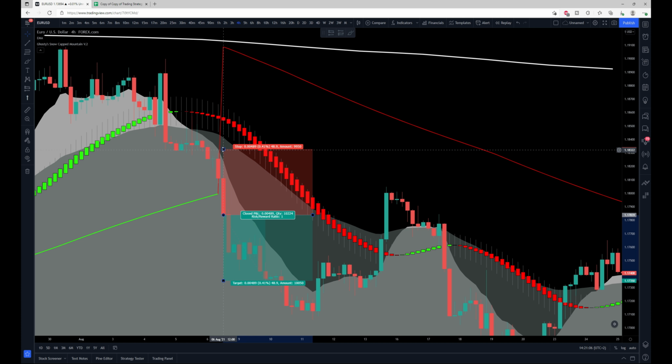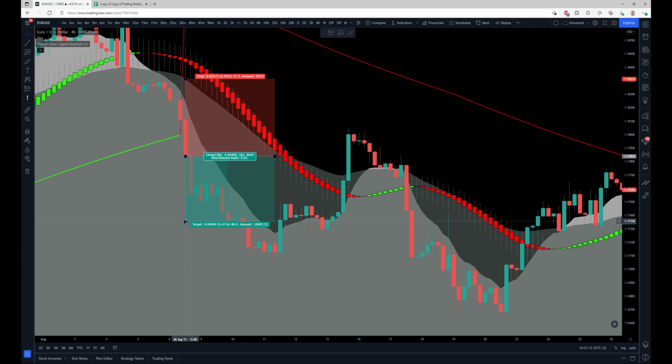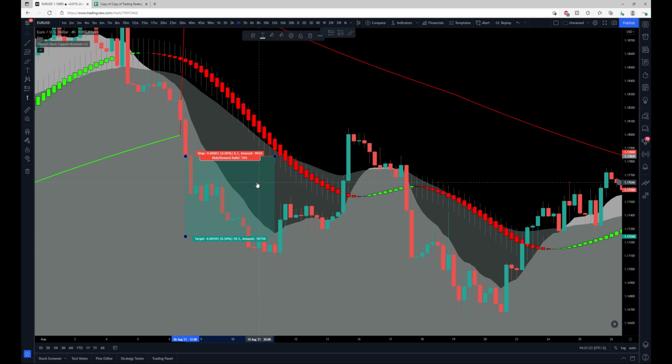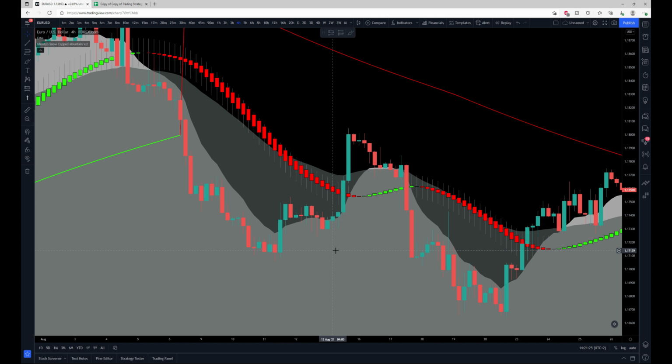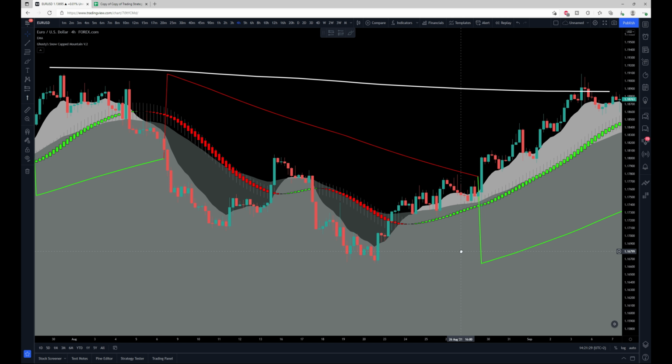And then the stop loss will be placed just at the top of the gray here and targeting 1 times the risk. And with this one, it reaches that 1 times risk profit target, but then it would get stopped out at break even right here. So you would just close out that second half at break even and you'd have a profit on that one. Okay, so really simple strategy, doing the multi-stage take profit and letting it ride.